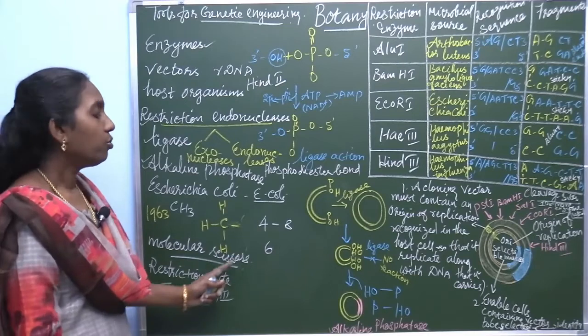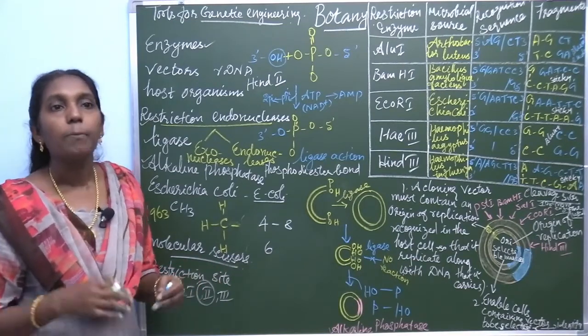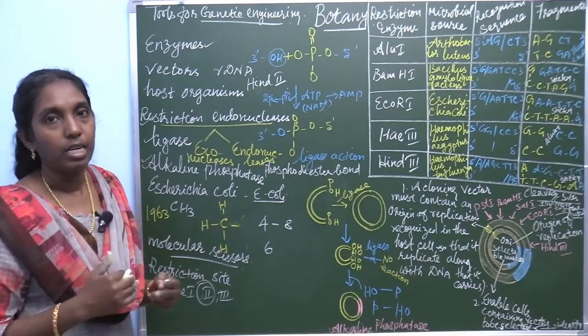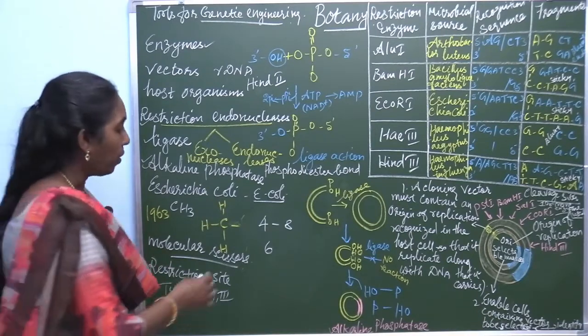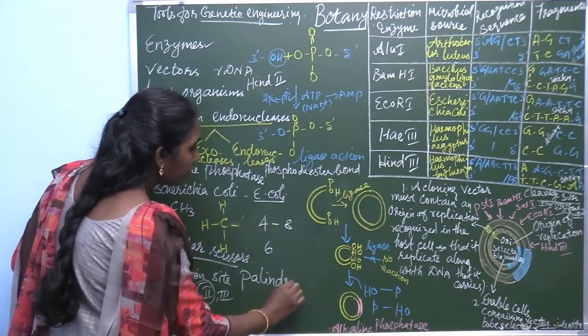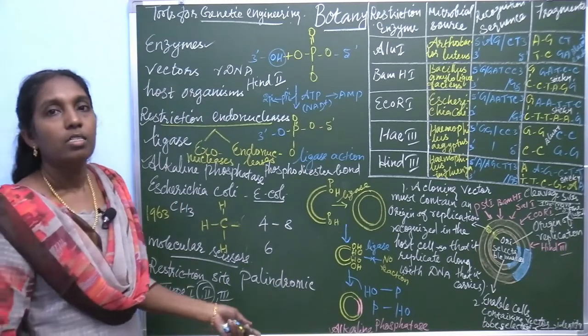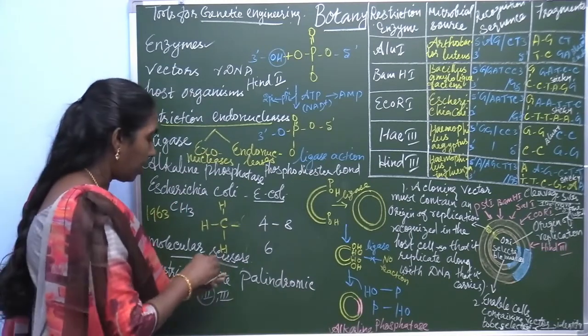And usually these restriction endonuclease sites are palindromic in nature. What is palindromic? There is a word, Malayalam.